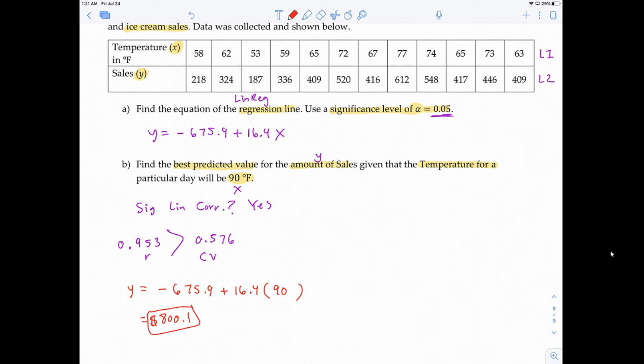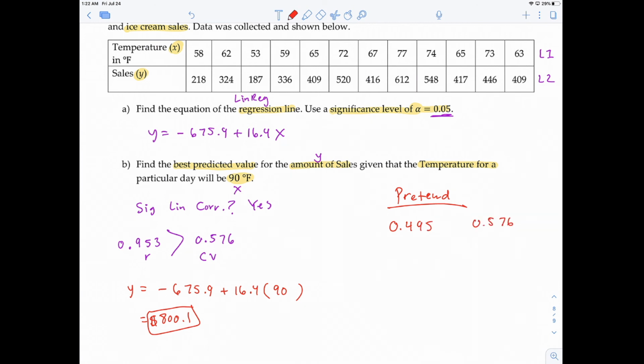Okay, so now what if there wasn't a significant linear correlation? So again, let's pretend we get the following. Let's just say that R was 0.495, and then the critical value was 0.576.